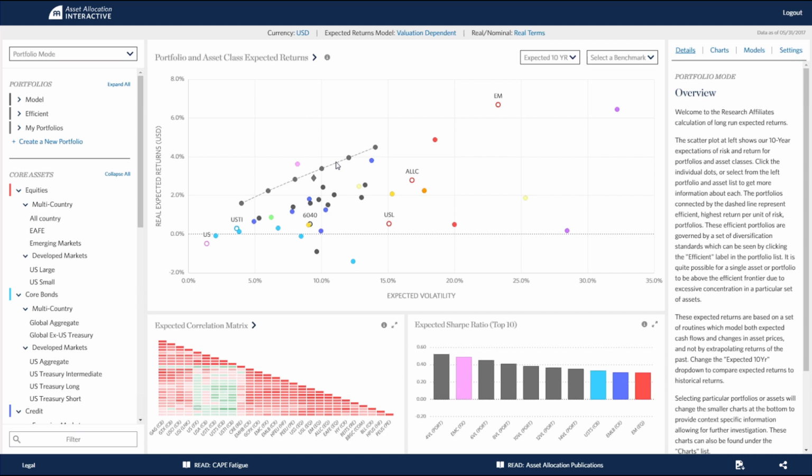What we do here is actually add a set of constraints, and those constraints are allocation limits to particular assets. So for instance, we don't want to create a portfolio or show an efficient portfolio that's, say, 100% in EM cash, which is actually what this pink dot is. We want to create portfolios that are more diversified.